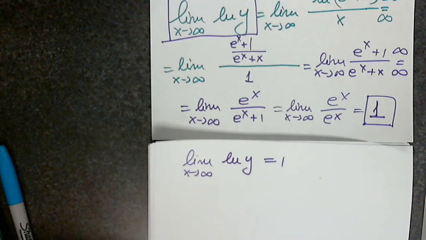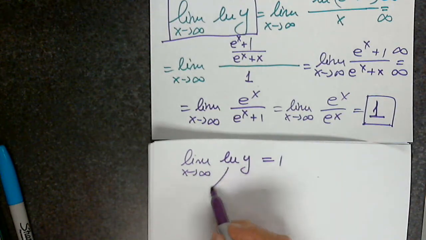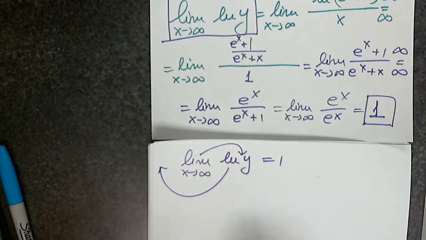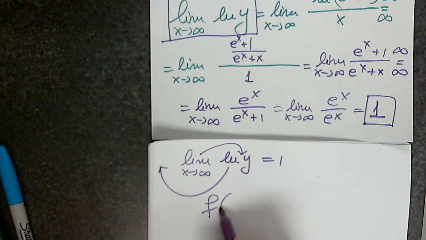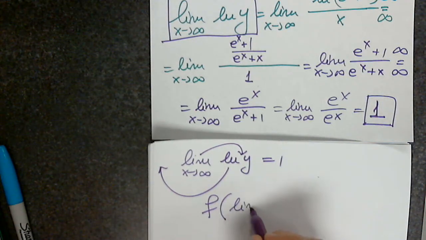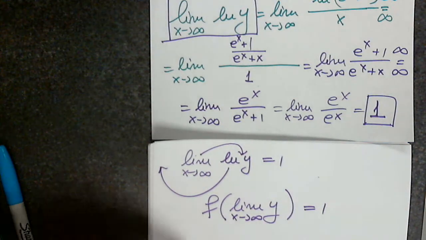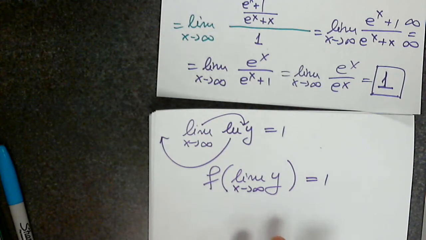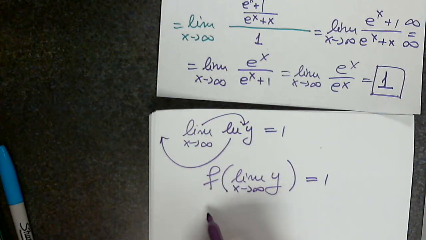Under certain conditions of continuity, I am allowed to swap the operators. The function goes outside and the limit goes inside. And the function was natural log. I just wanted to remind you the idea.